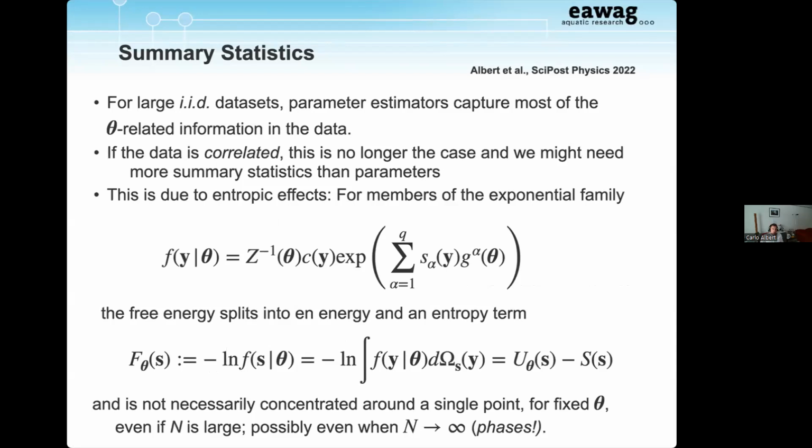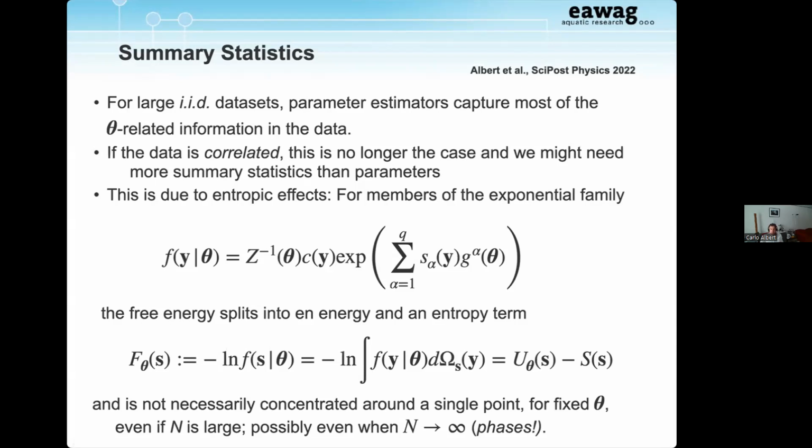But that's no longer true if your data is correlated, and that's due to an energy-entropy trade-off. That's prevalent if you have a large number of data points. If they're correlated, often the system doesn't behave in the most likely way, if you will, but in the most common way.